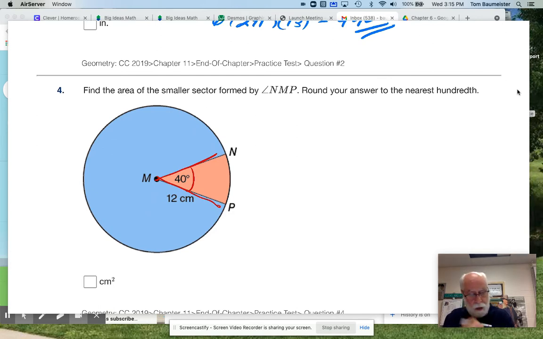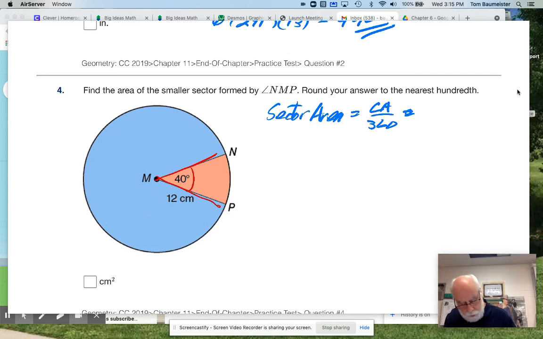Remember the sector area is equal to, again, the central angle over 360, and this time times pi r squared.